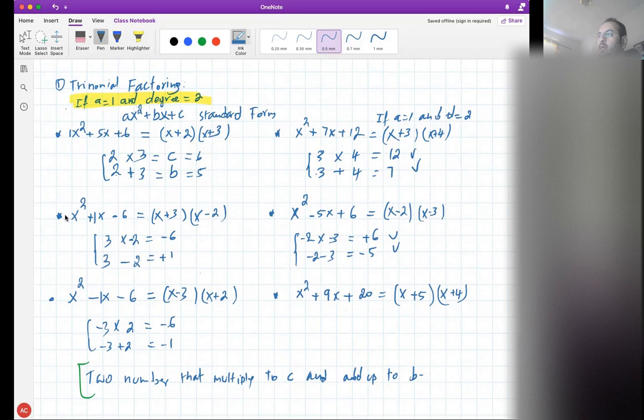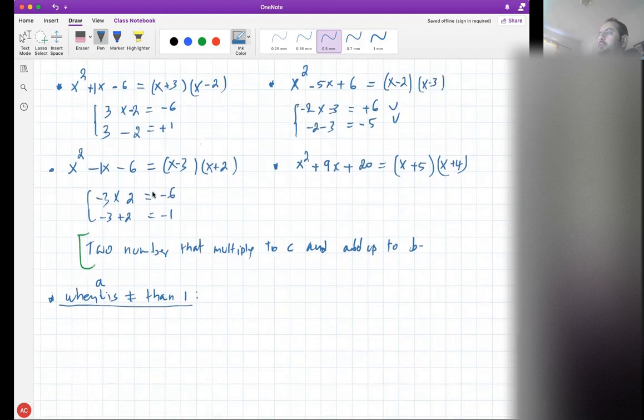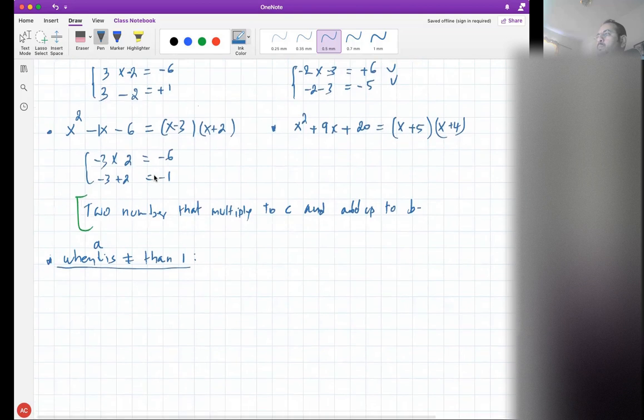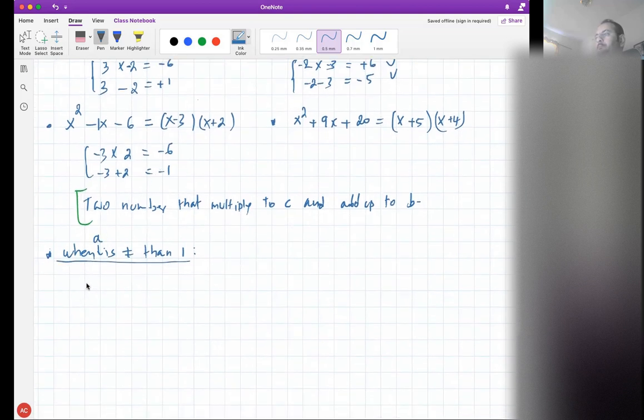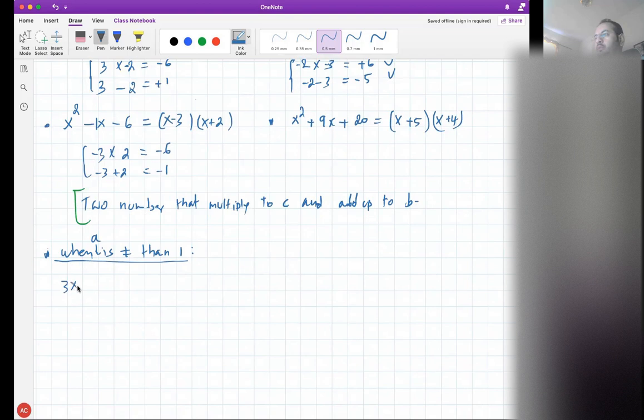Let's see what happens if you have a number other than 1 here. When A is different than 1, let me give you another example. Let's say 3x to the second.